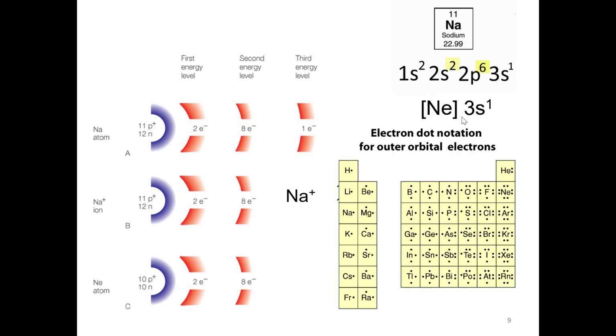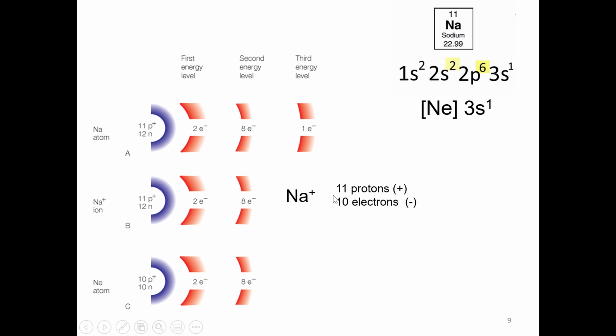So sodium needs to lose 1 electron, as we can see here in the abbreviated electron configuration. If sodium loses 1 electron, it becomes a positive ion. We can see sodium has 11 protons, and if it loses 1 electron, then the net charge will be positive 1.